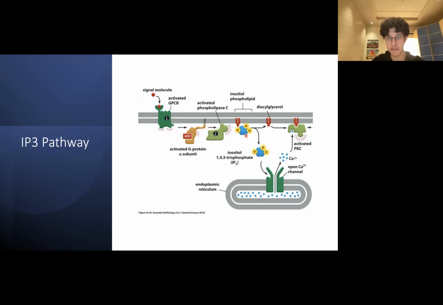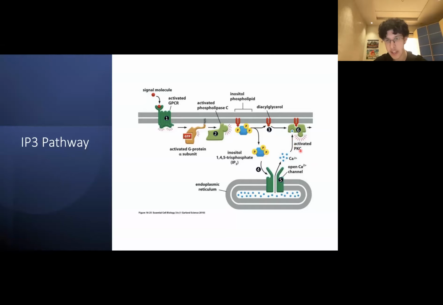When that happens, the diacylglycerol will move along the membrane to protein kinase C, but it won't activate it yet. Why? Because IP3, the other molecule which was released, has to bind to the calcium channels. This will cause them to open and a release of calcium. Together, DAG and calcium will activate protein kinase C.